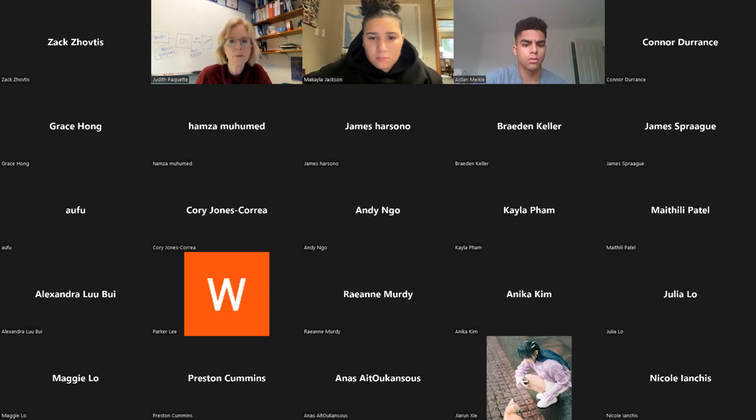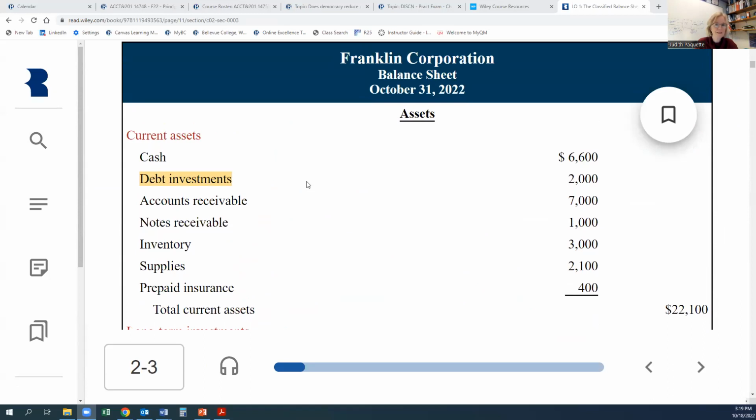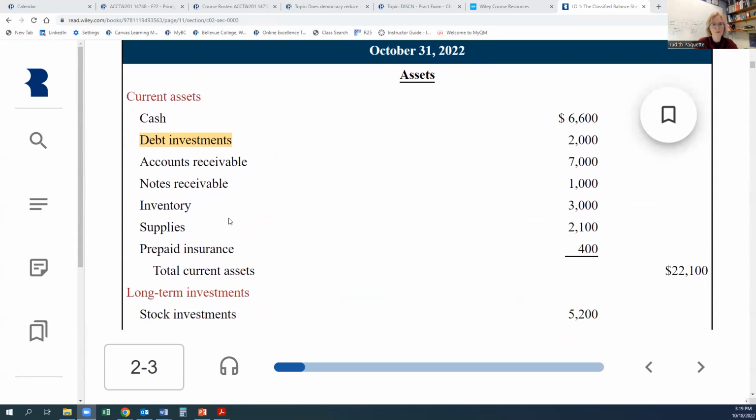Let me bring up that classified balance sheet again. Okay. So yes, in the classified balance sheet, order is important. So you need to know the order of this stuff. Cash is first because it's the most liquid asset. Debt investments, stock investments, short-term investments are things that we put our extra cash in because we don't want to leave it in a bank account.